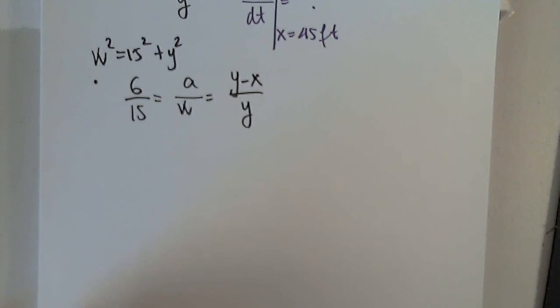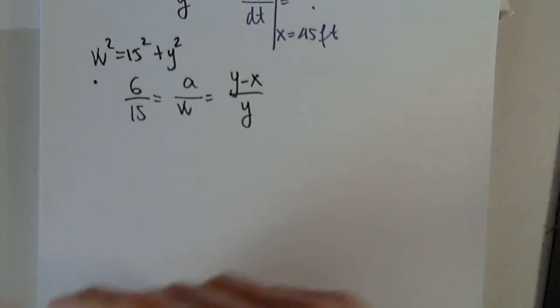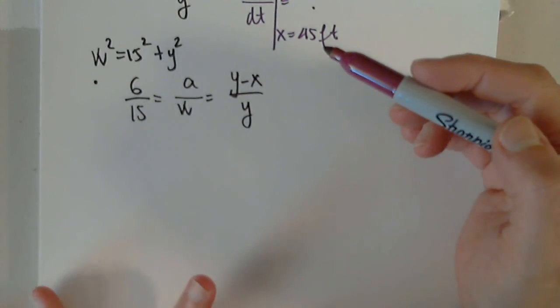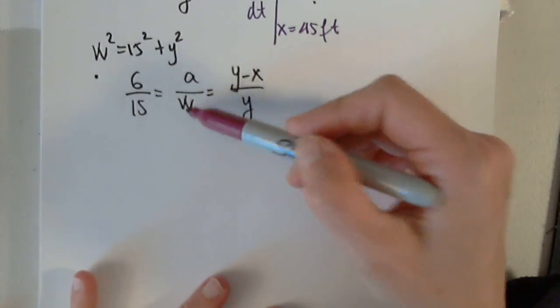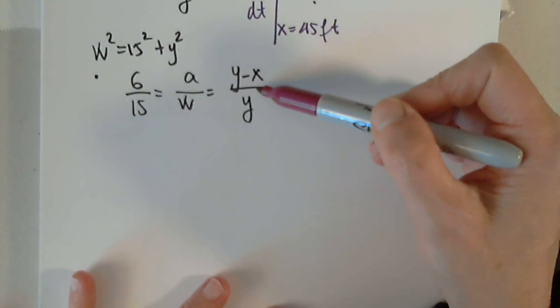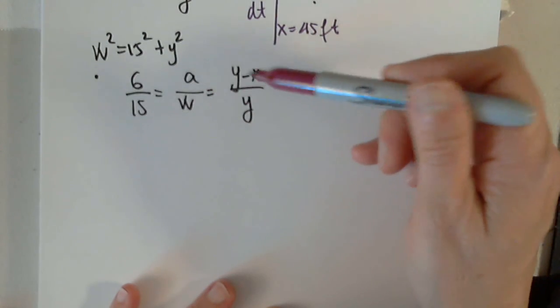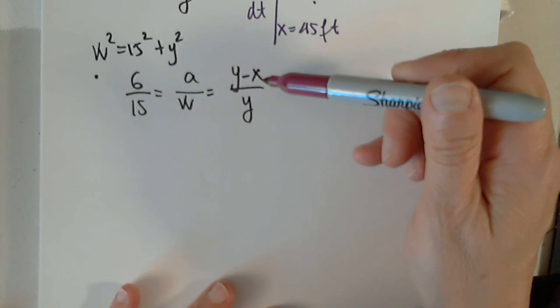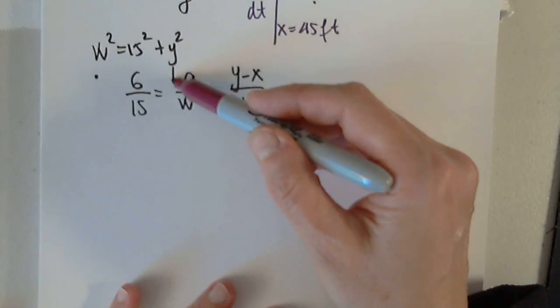From here, I need somehow to find a relationship between w and x only. W and x only. So let's see. W and x.